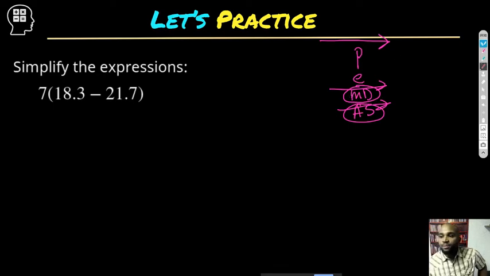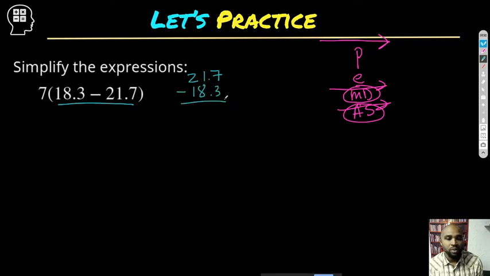Let's do it. All right, so looking at this problem, we'll start with our P. Do we have parentheses? Yes. Can we simplify something in the parentheses? Absolutely. 18.3 minus 21. Well, 18 is smaller than 21, so I know it's going to be a negative number. But I can still go ahead and put the 21 first and just remember the final product is going to be negative, because the difference between these two numbers is still going to be the same. So subtracting, we get 7.